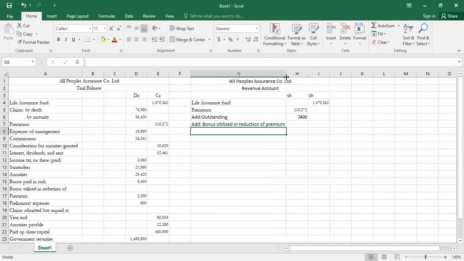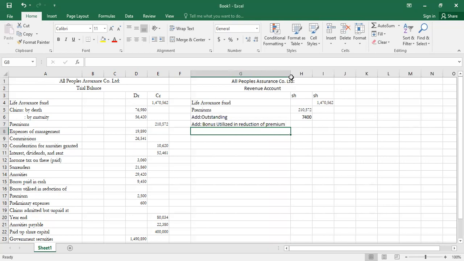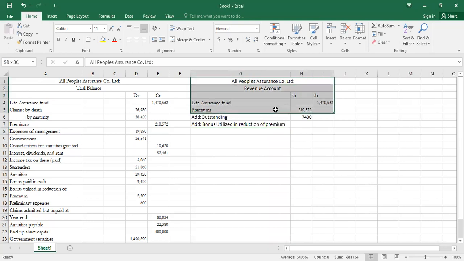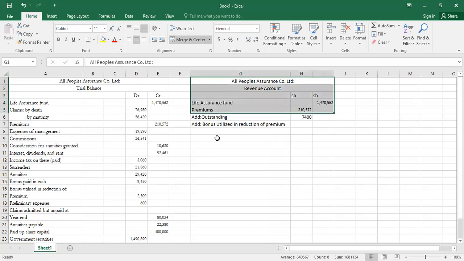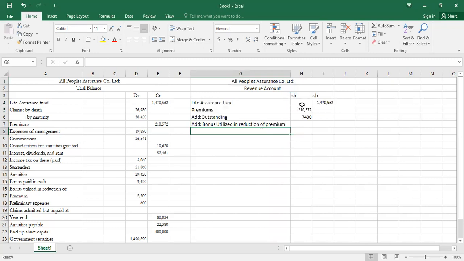Let's put this on the other side. This is Calibri 11. Use the same font. So I've added the bonus utilized in reduction of premium.